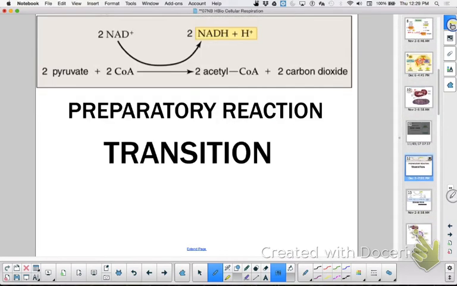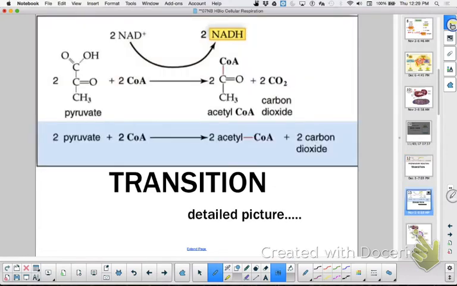So then what we did is we looked at transition, right? And then we even looked at it in better detail over here. Remember this part? We said, look, here are the 3 carbons in pyruvic acid, and a carbon came off. Here it is right here, because there's only 2 carbons here. And then we looked at, here's the CoA. Well, the CoA is sitting here. It took that carbon spot.